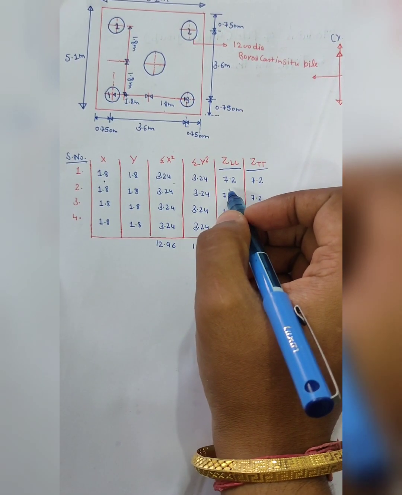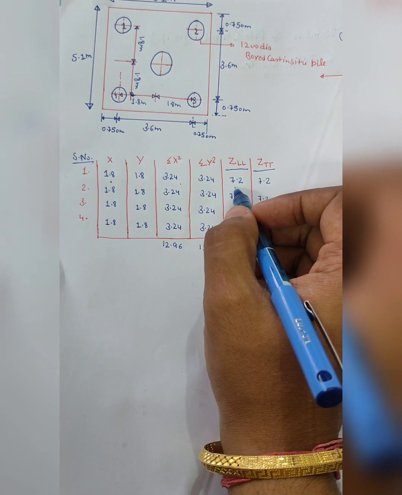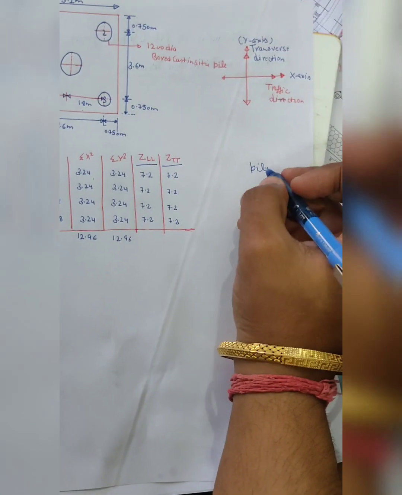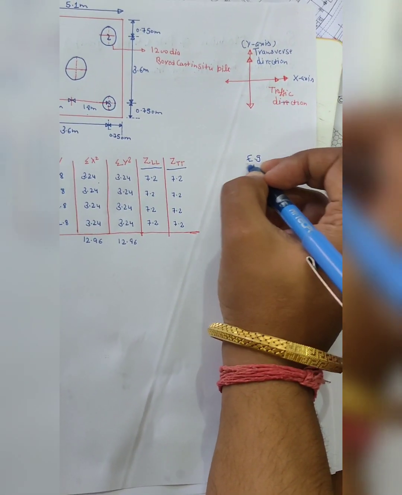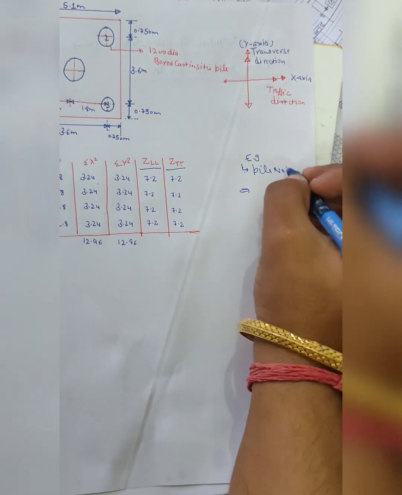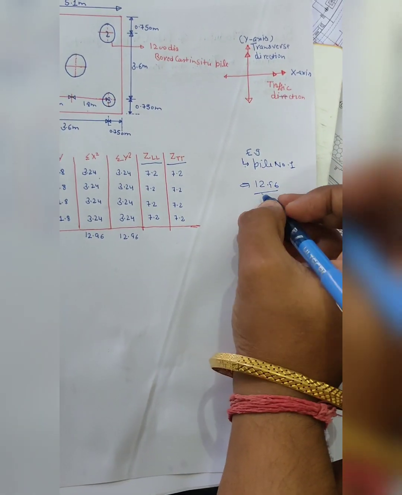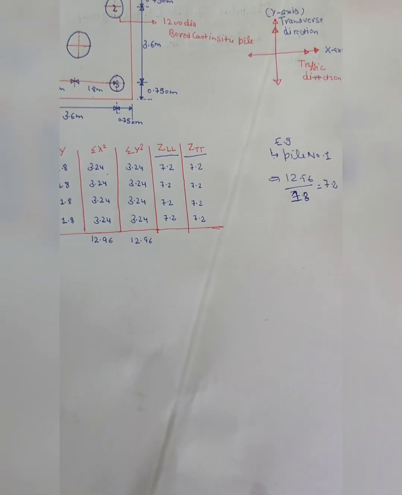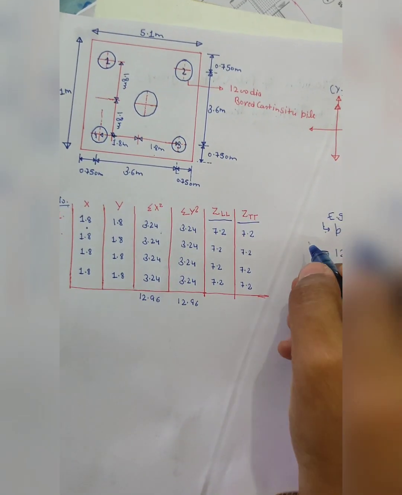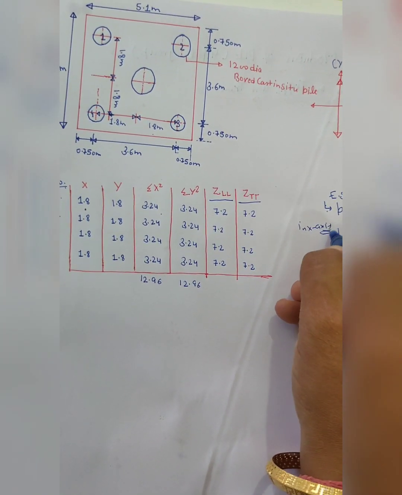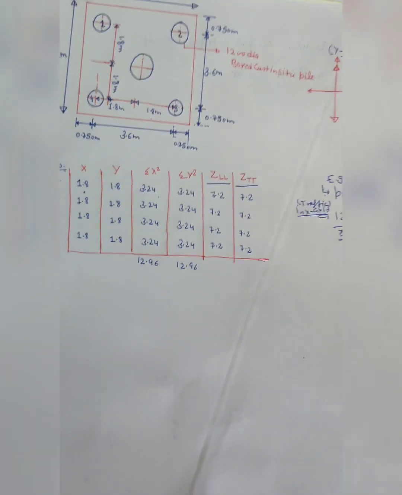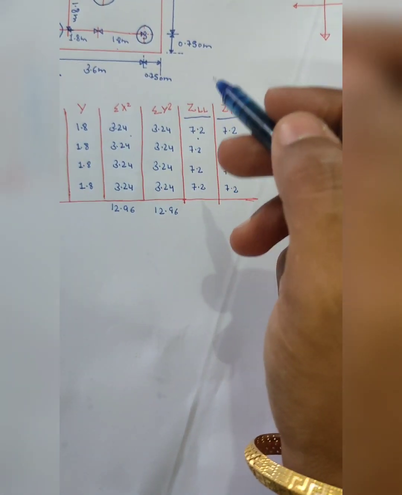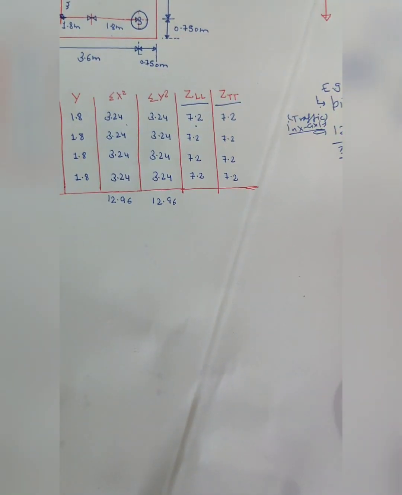Taking pile number 1 as an example, 12.96 divided by 1.8 for pile number 1 in the x-axis or traffic direction gives 7.2 section modulus in the longitudinal direction.